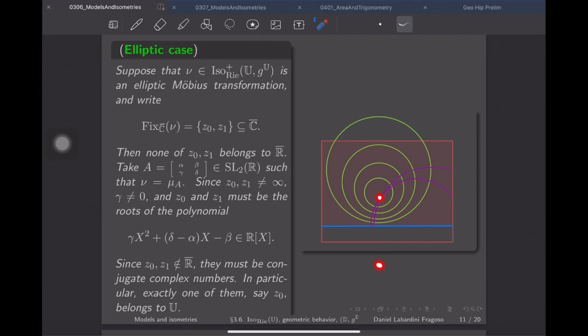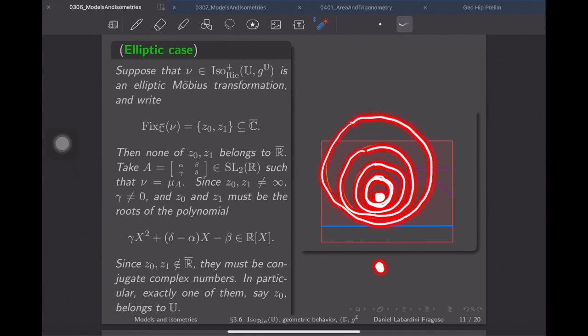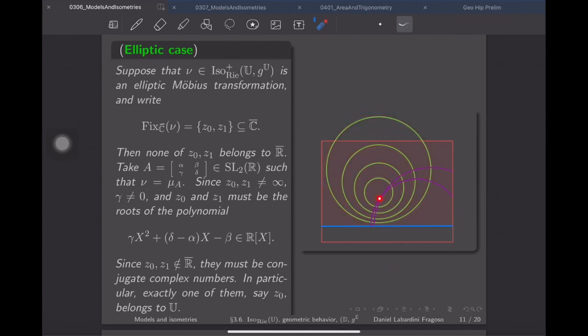The elliptic transformation is a rotation around the fixed point lying in U. And you see the Apollonius circles of the two fixed points that are completely contained in U. We saw already that each one of them is stable under the action of the Mobius transformation, but now one can also see that each one of them is a hyperbolic circle with center that fixed point, and that is how one finally has the full picture of rotation, that the elliptic transformations are rotations around the fixed point.